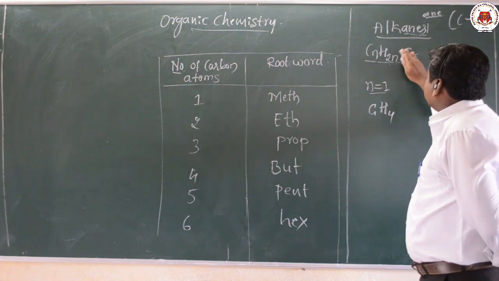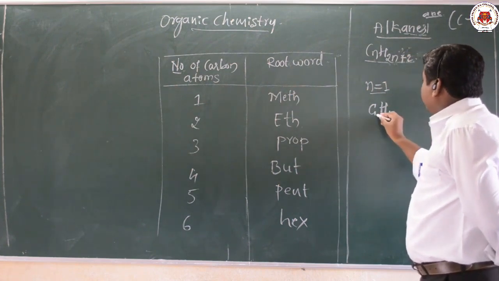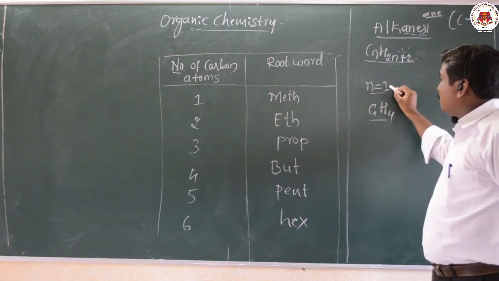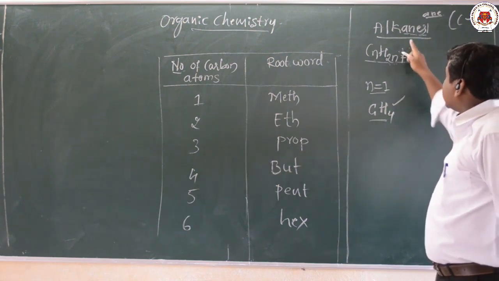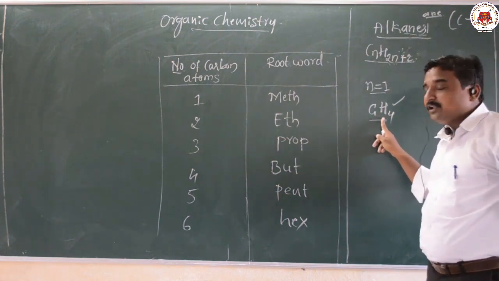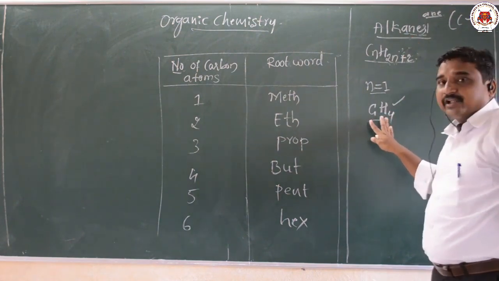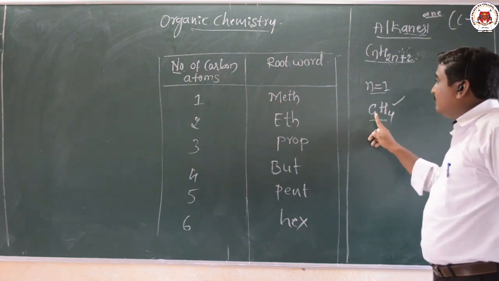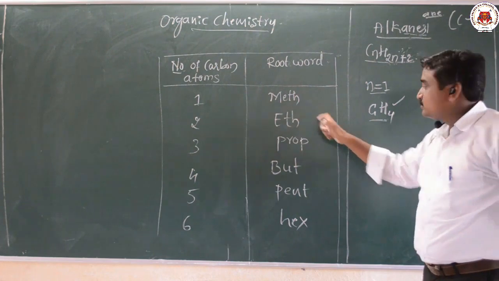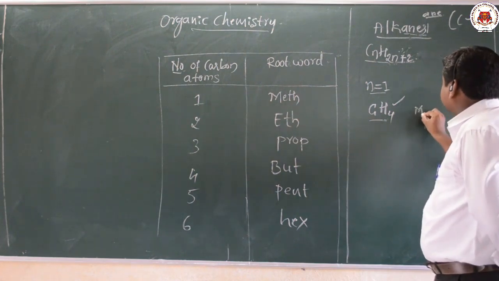So the compound is CH4. If the n value is 1, this is an example of the alkanes. By looking at this compound we come to know that the organic compound contains only one carbon atom, so the root word is meth.